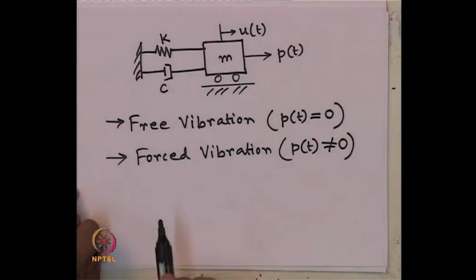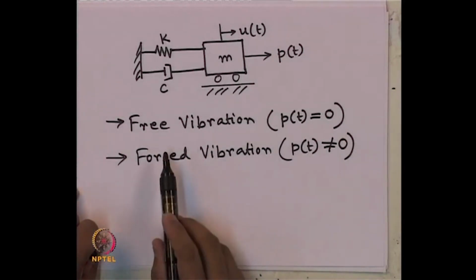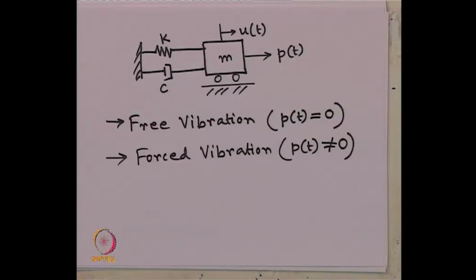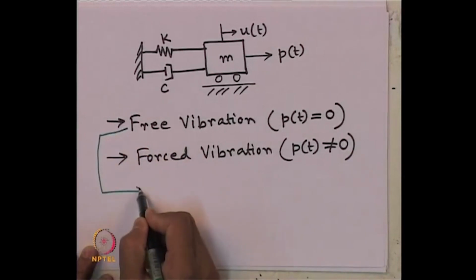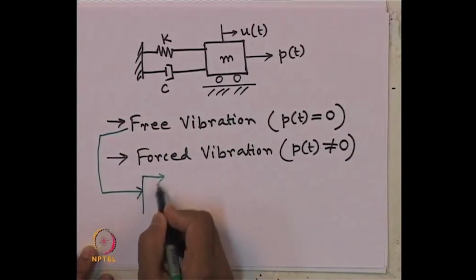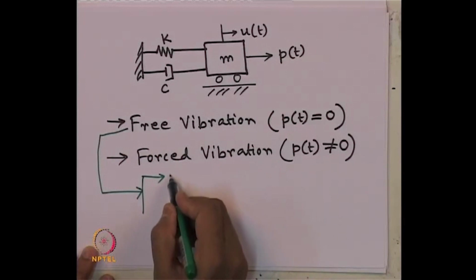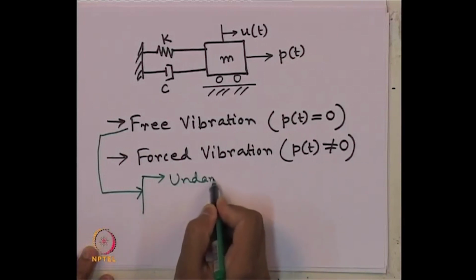Now, within each of them we can again have two separate subcategories. Within free vibration we can have two categories. One is undamped.